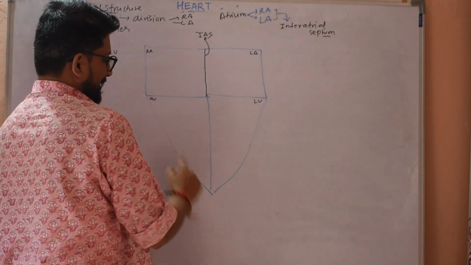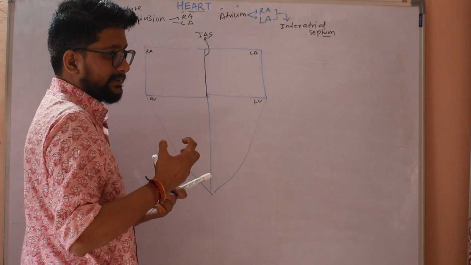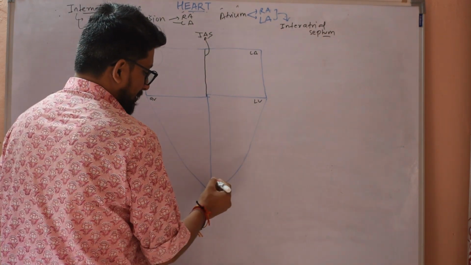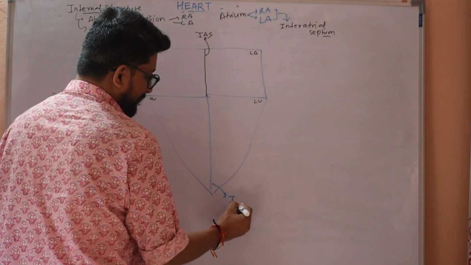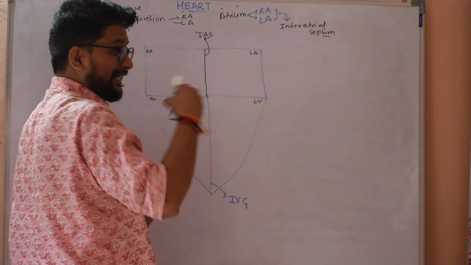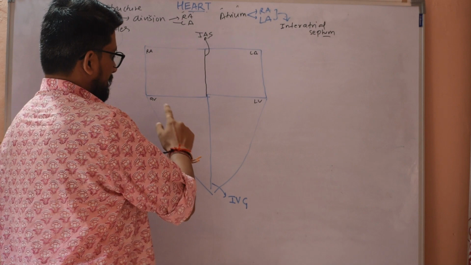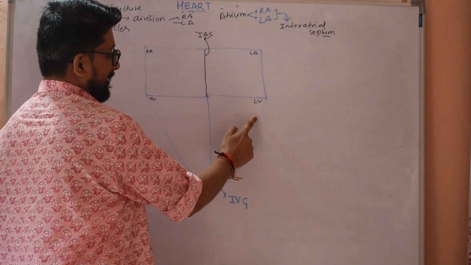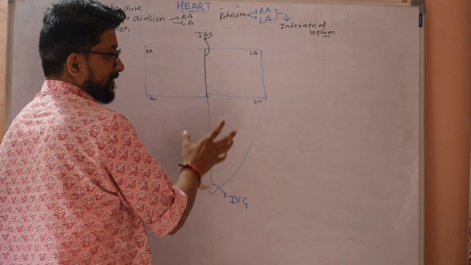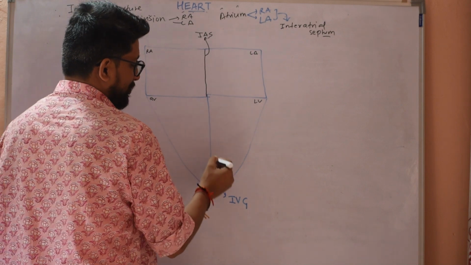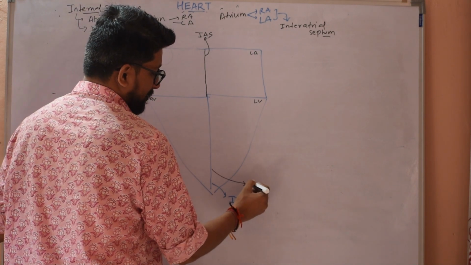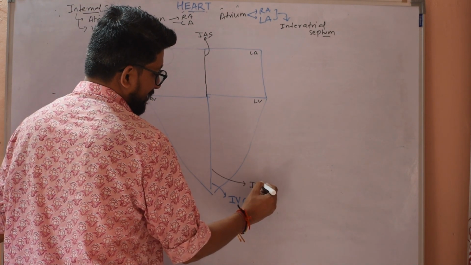Next, right ventricle and left ventricle is divided externally into two parts by interventricular groove, but internally, the right ventricle and left ventricle, this partition is being formed by a structure or a partition which is known as IVS.